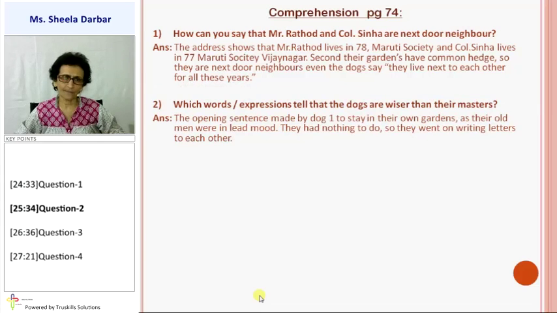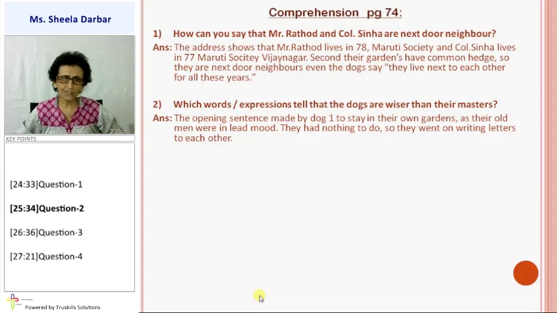Second question. Which words or expressions tell that the dogs are wiser than their masters? Answer. The opening sentence made by dog 1 to stay in their own gardens as their old men were in foul mood. In no mood or bad mood.